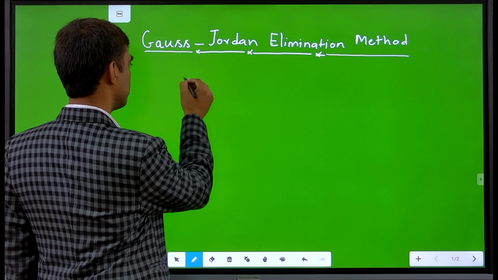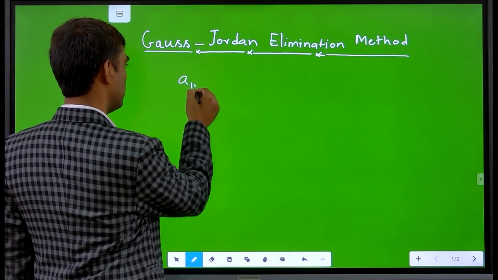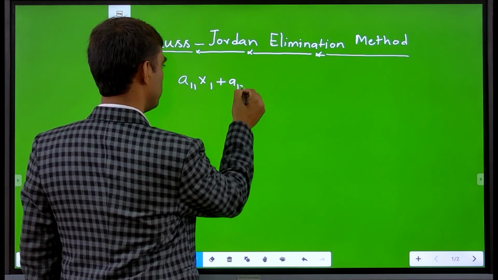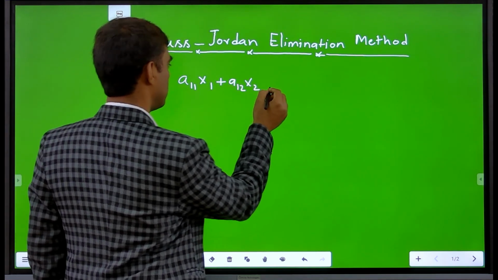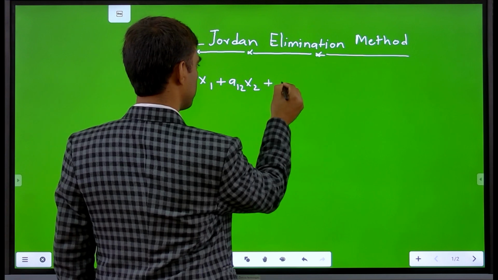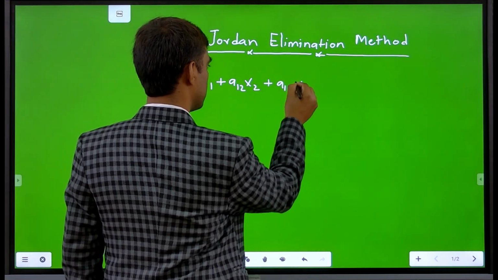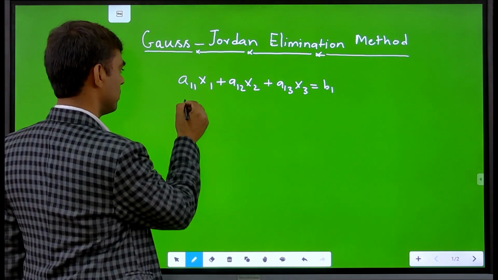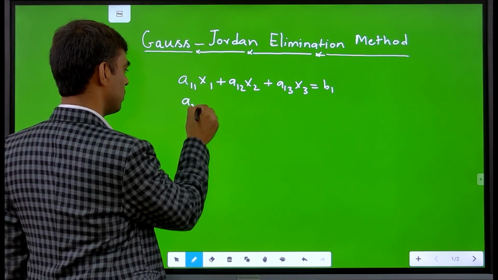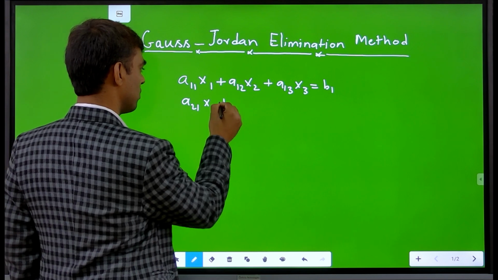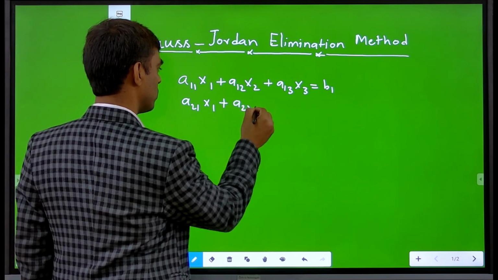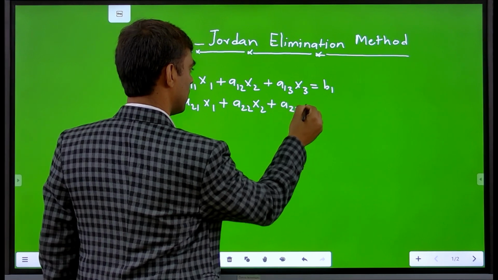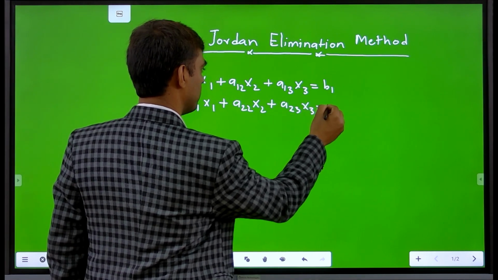First equation is a11 x1 plus a12 x2 plus a13 x3 equal b1. Second one is a21 x1 plus a22 x2 plus a23 x3 equal b2.